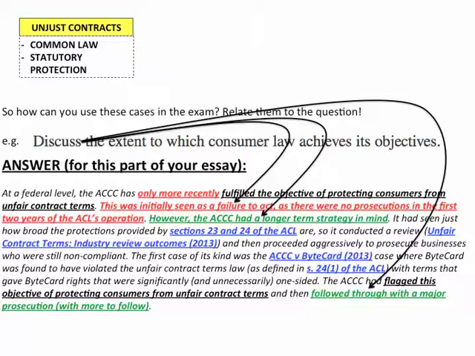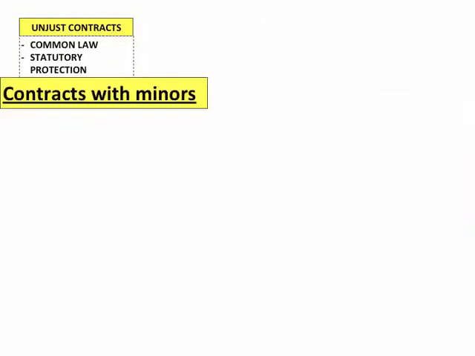Usually stories get told in class or using the app here, and you remember stories. But the top students in the state could tell you a story too; they're just too busy evaluating the effectiveness of the law and balancing both sides. So we want to make sure that you are doing the best impression of a good student that you possibly can. All right, let's move on to contracts with minors.